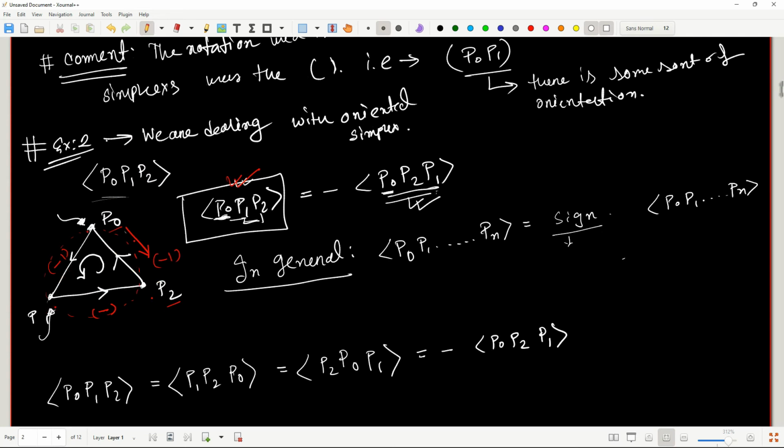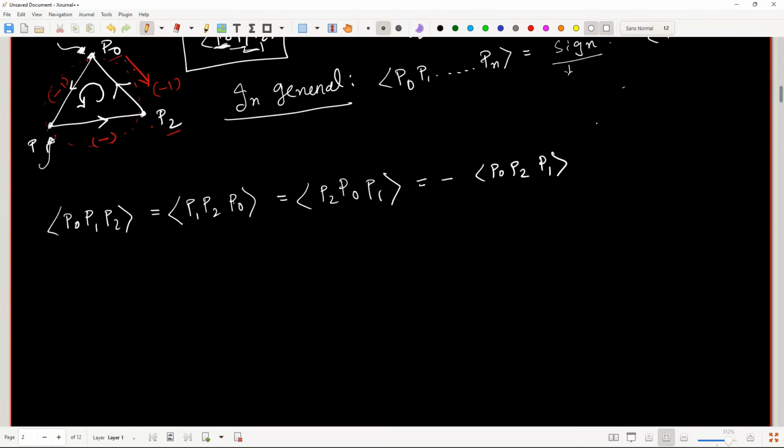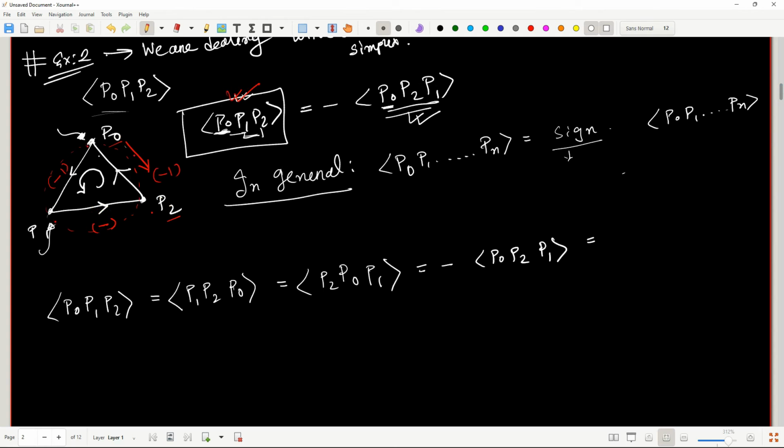We saw this over here, right? And we can again start from P1, but in the opposite orientation. So now we can start from P2 or P1 over here, since we started from P0 in this case.